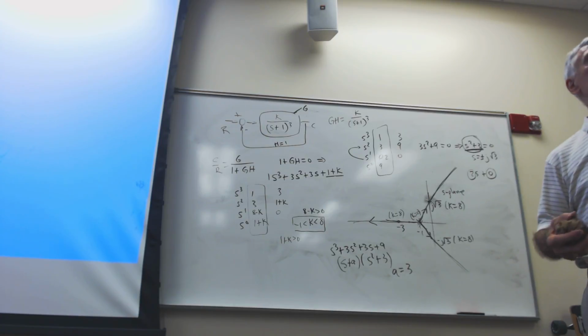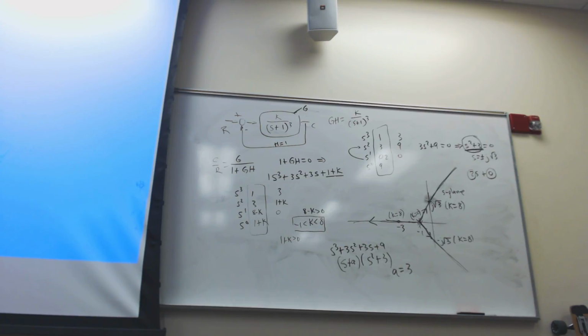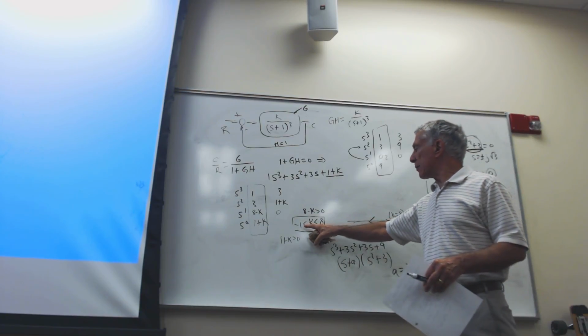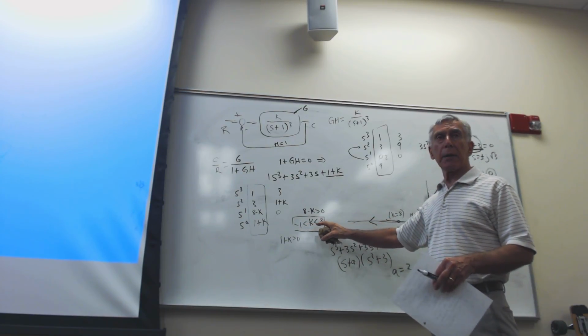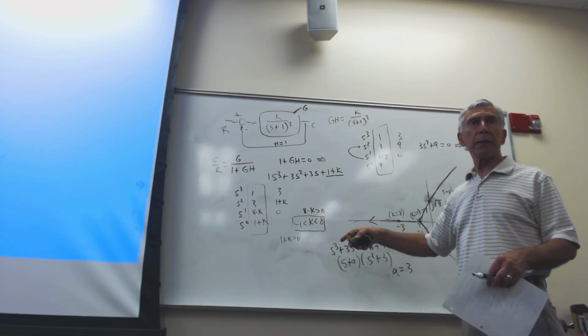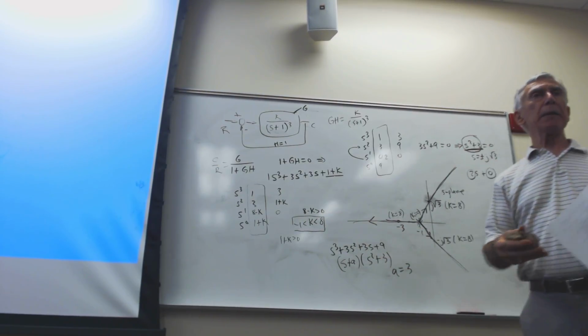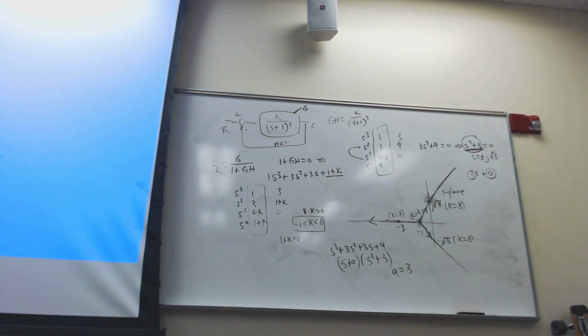But typically, when we consider the gain of the system, it's for positive values of gain k. Even though in this case it can be negative here, typically the gain is an amplifier, and so the gain is made to be positive.